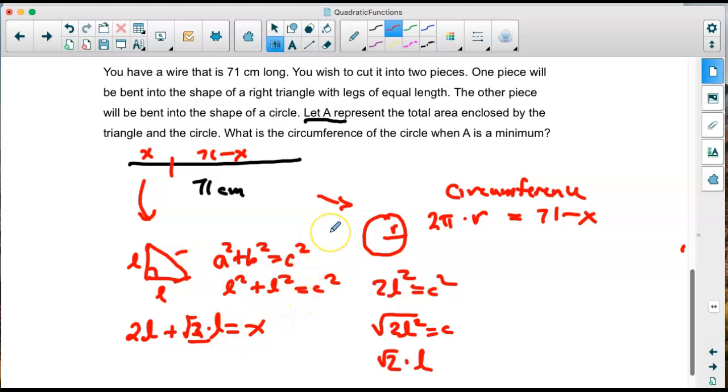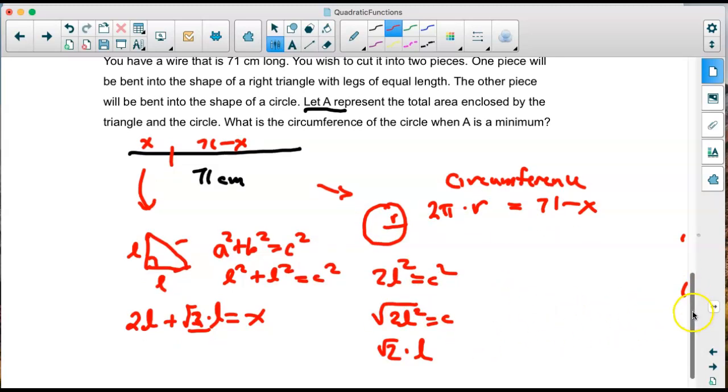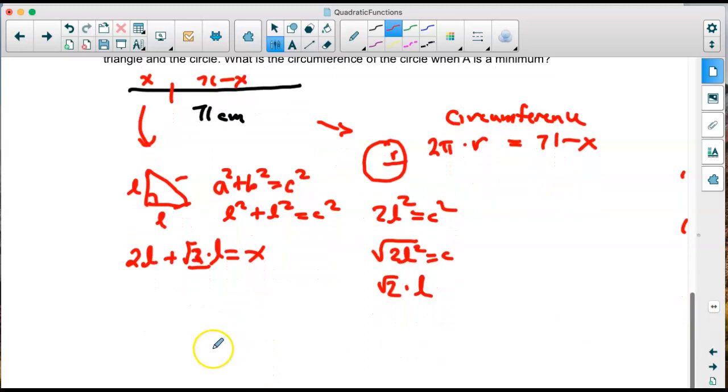Now we need to find the area. We know the circumference is related to those two things. We need the area formula, because that's what we have to maximize or minimize. Area in this shape is 1/2 the base times the height, and that's L times L. The area of the circle is pi times r squared.